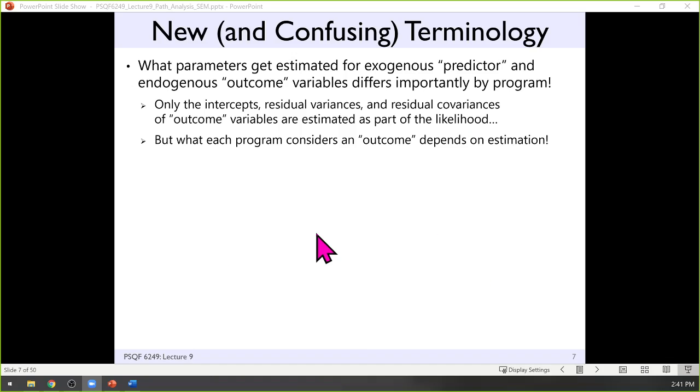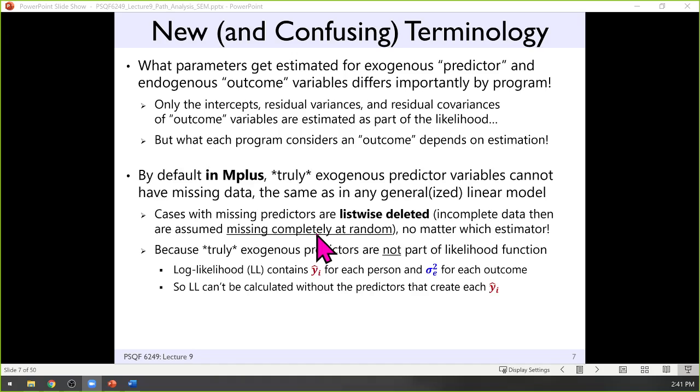All right, now where it gets confusing is what properties of the endogenous versus exogenous variables count. So here is the thing. In Mplus, there are two different kinds of predictors that are possible. There are what I think of as predictors, which are not in the likelihood, the same as in regression.